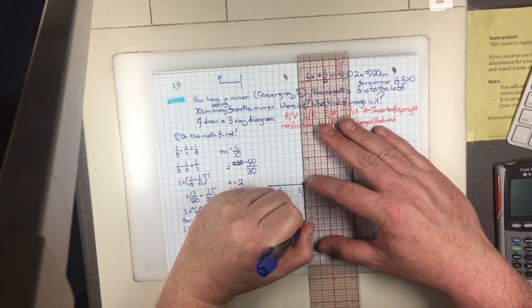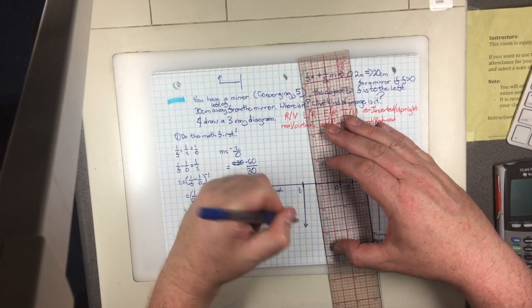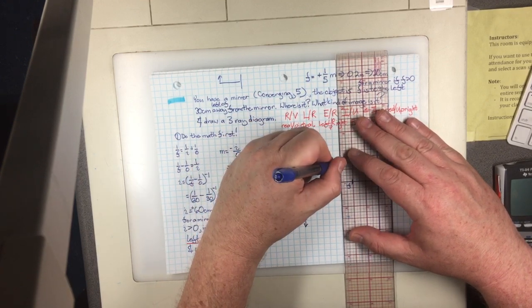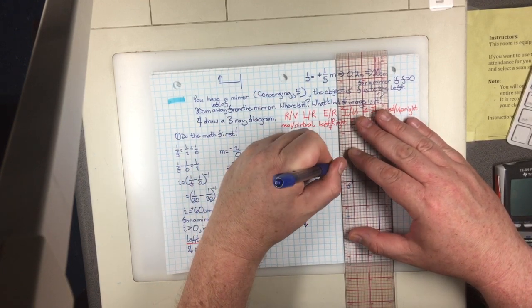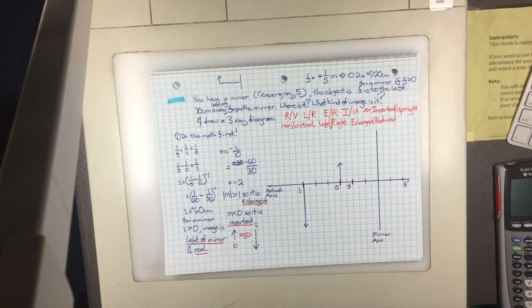So I'm going to make this 6 blocks, 2, 4, 6, which means that the object is 3 blocks up. So if the object is 3 blocks up and the magnification is -2, I should have -6 blocks, which is how I've drawn this. This is the reason why I draw this after the math.